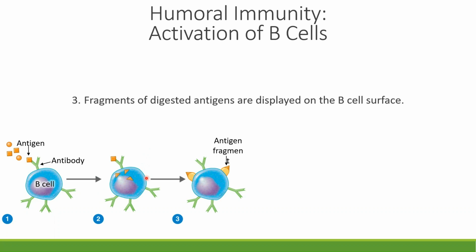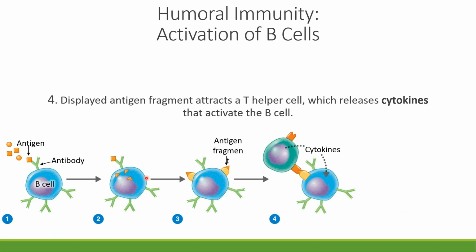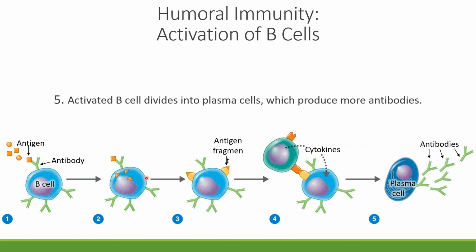So it spits them back out and displays them. And that displayed antigen fragment attracts a T helper cell. And that T helper cell, it helps activate. So it's going to release cytokines that cause the B cell to become activated.